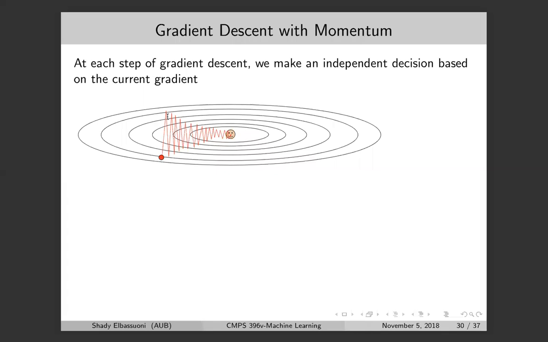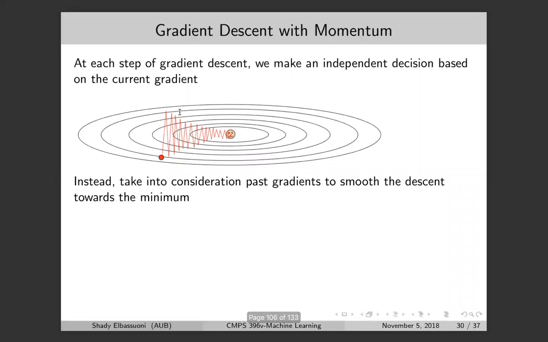Every time I update the weight, I look at the gradient, which causes these fluctuations, because I'm making local decisions based on the current gradient. Instead, I can take into consideration past gradients to smooth the descent towards the minimum.